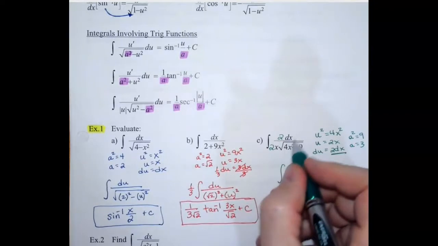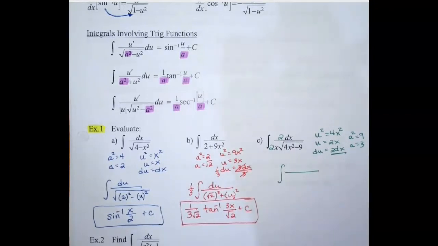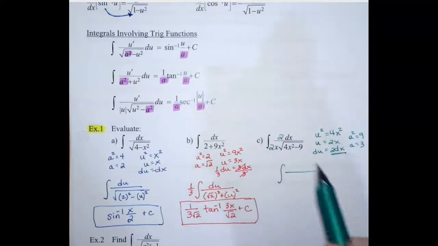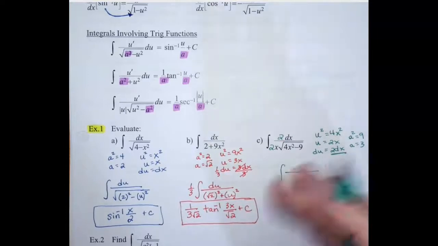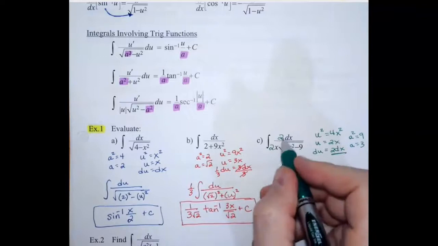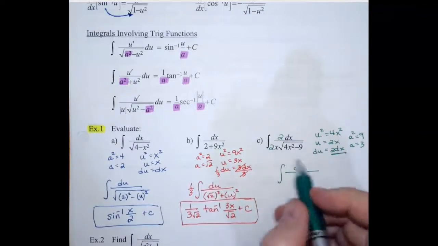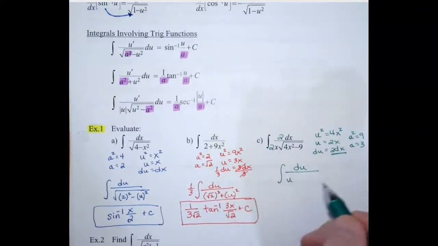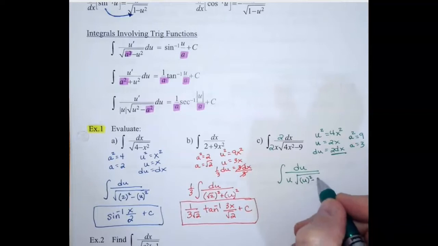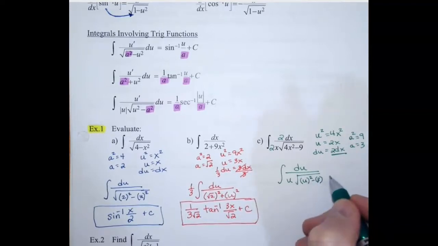So now, I'm trying to think if there's a different way to do that, but I'm just going to leave it like that. So now that's going to become du. This is going to become u, and this is going to be u squared minus 3 squared.